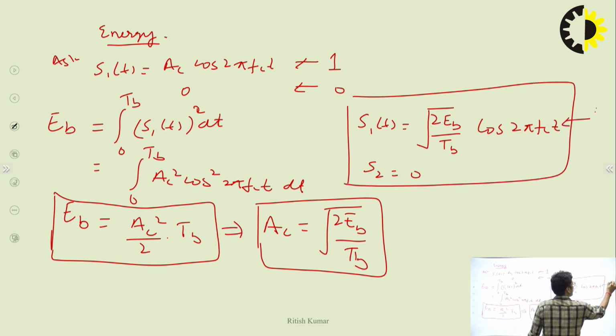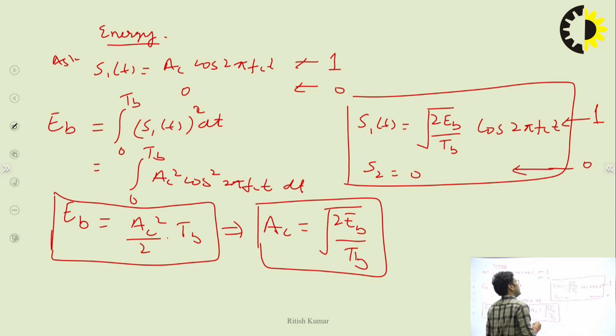This is in the case of transmitting 1, and if you are transmitting 0, then it is 0.